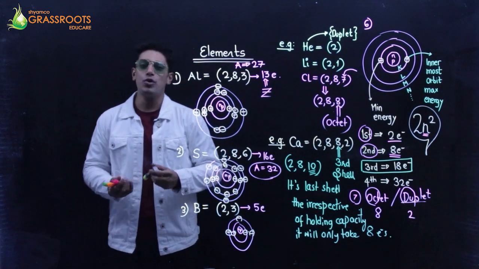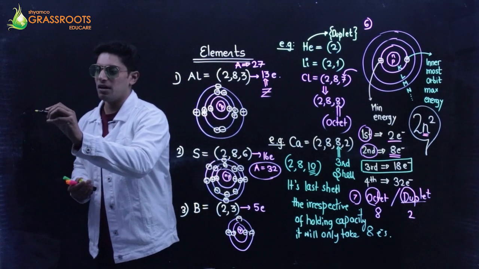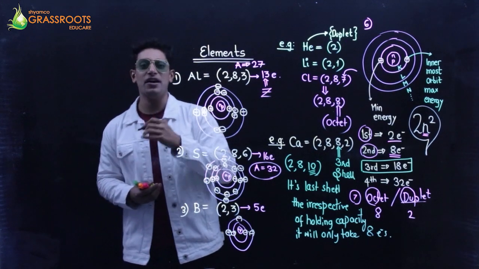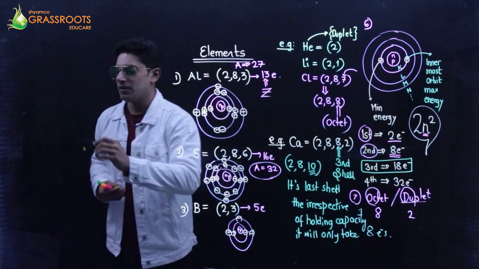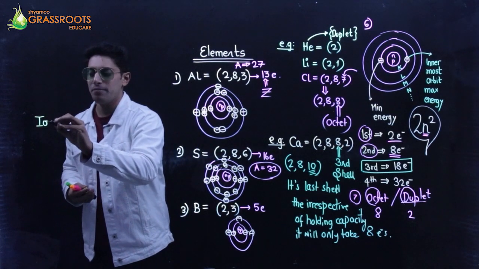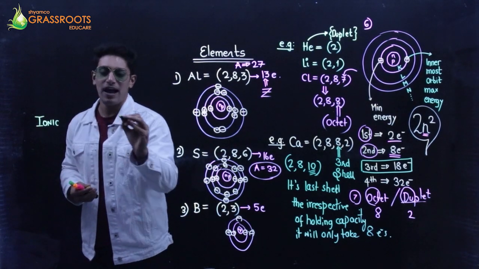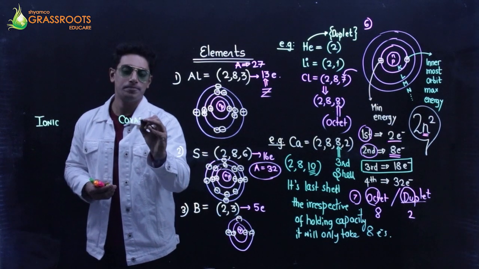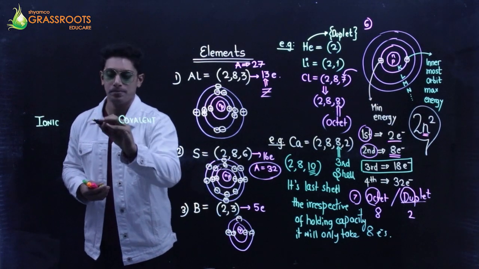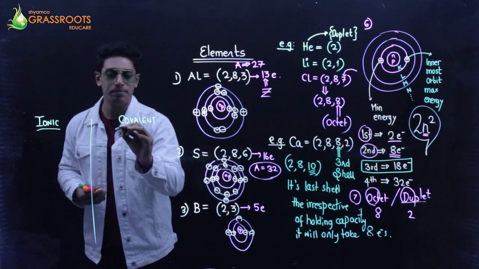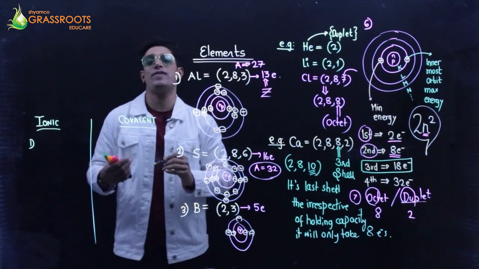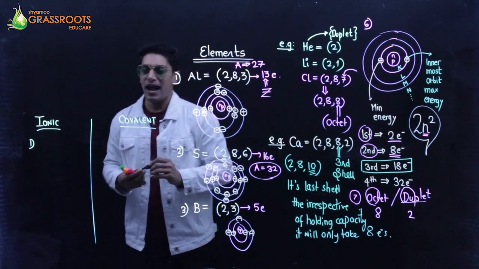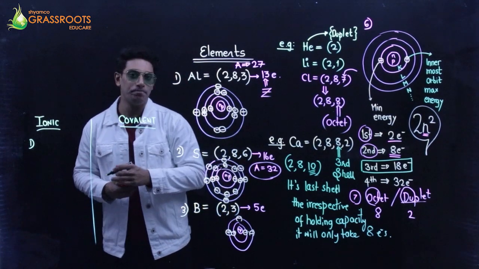After this, going on with compounds having ionic structure and covalent bonding. First, let's differentiate between ionic bond and covalent bond. Okay, the first point. Ionic bond is a bond which is also called electrovalent bond, and covalent is a sharing bond.